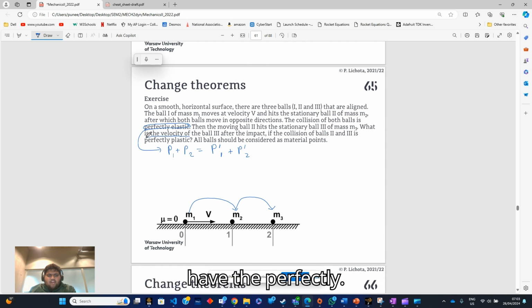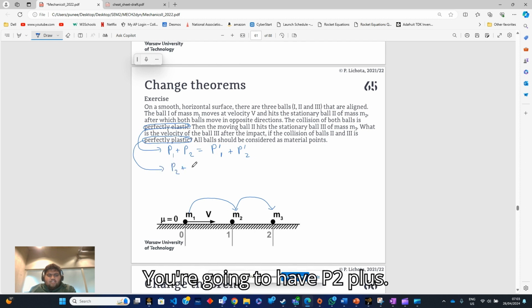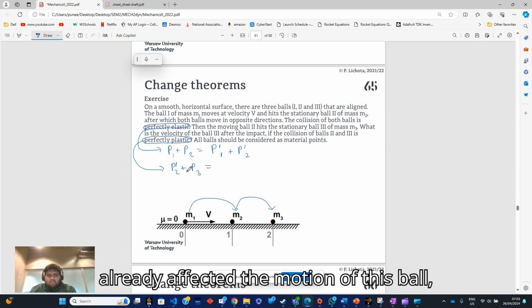But then when you have the perfectly plastic collision, you're going to have P2 plus P3, well, actually this will be P prime 2, because the motion of this ball has already affected the motion of this ball.